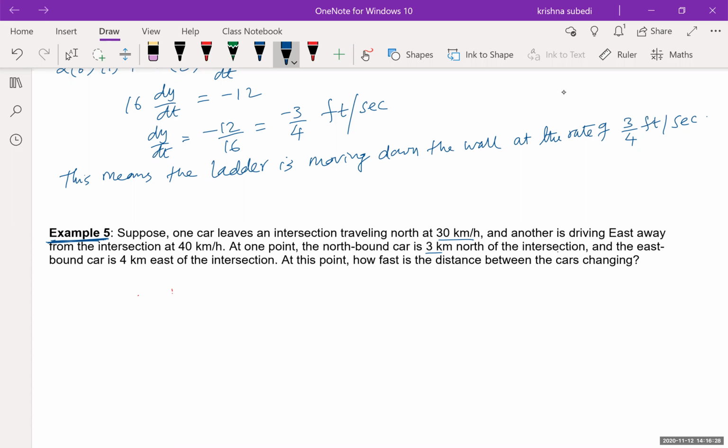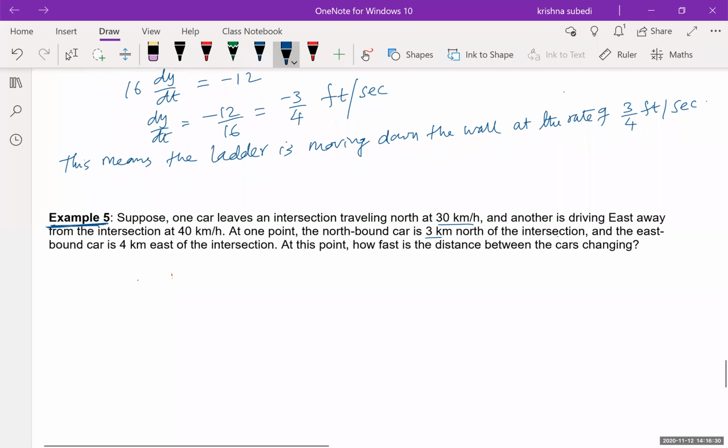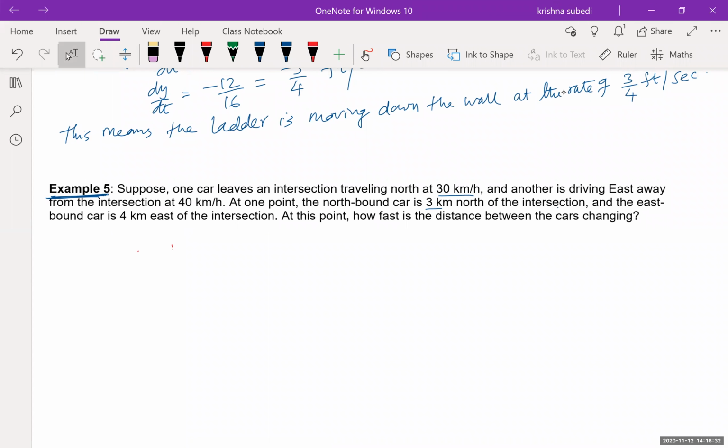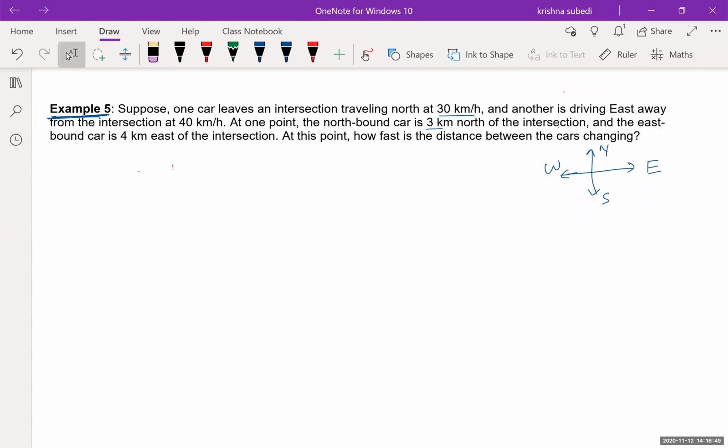So after reading the question, try to sketch a diagram, and that will help to understand what is given and what we want to find. You know that the directions are north, south, east, and west. Suppose one car leaves an intersection traveling north.